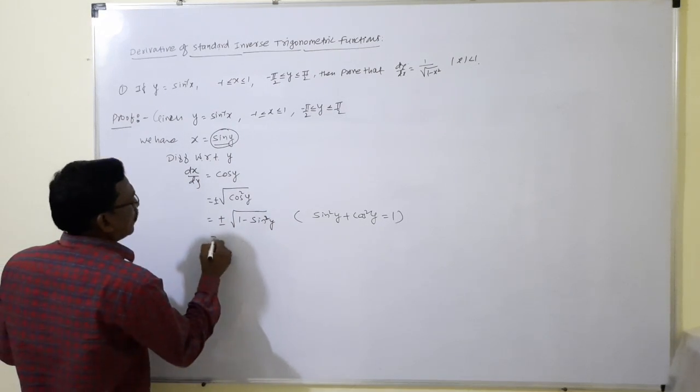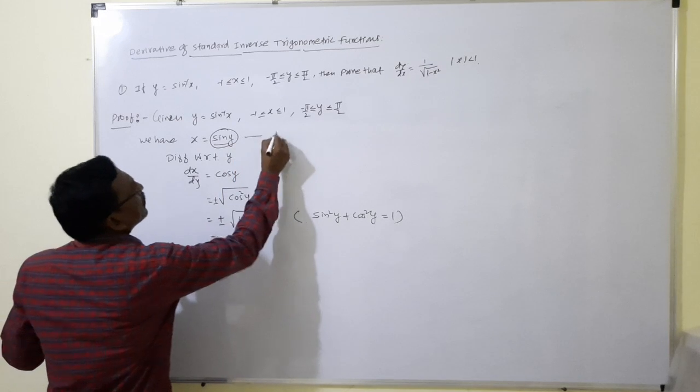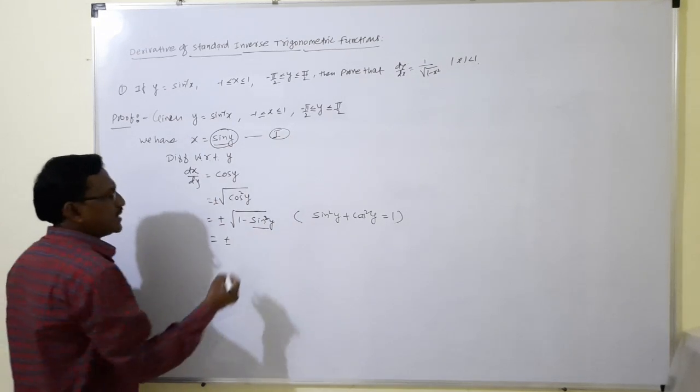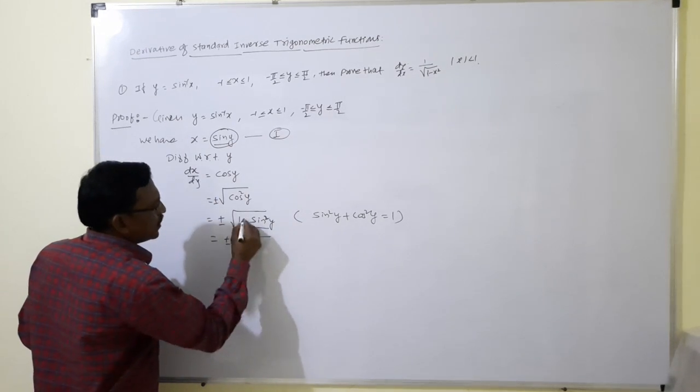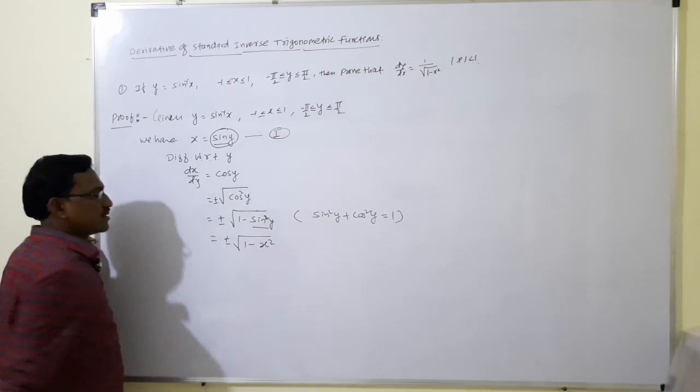Now from equation 1, the sine y is x here, so that's why we write 1 minus x square. The sine y is x.